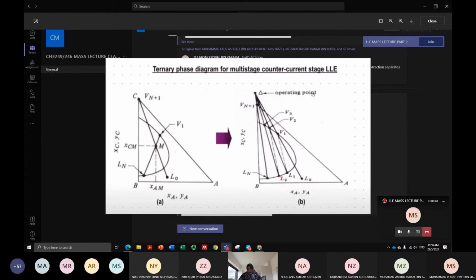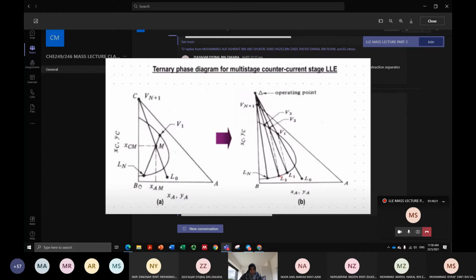Let's say you need to begin with drawing your operating point. This is the first step. Let me remind you again: first step, label your composition at the four streams involved: the feed stream, the solvent stream, the extract stream, and the raffinate stream.